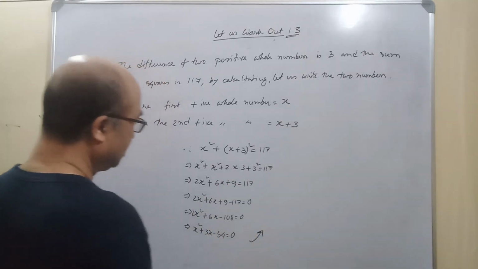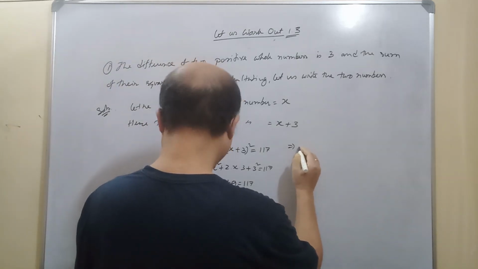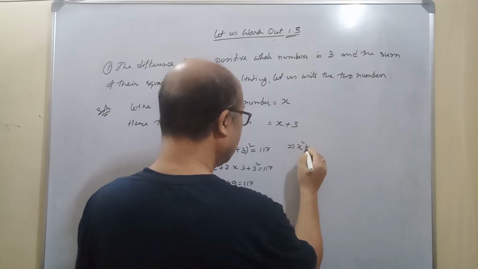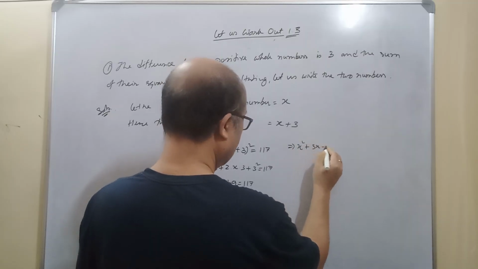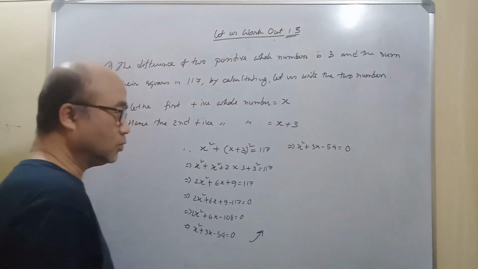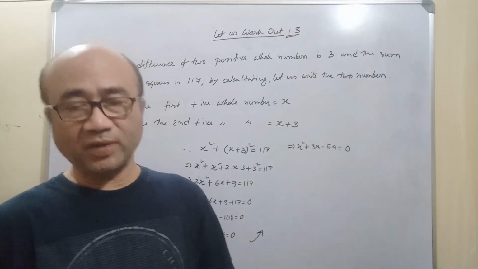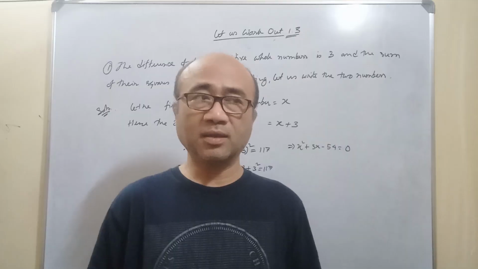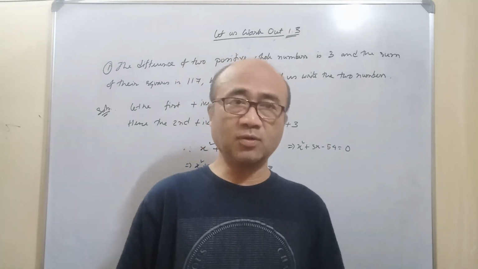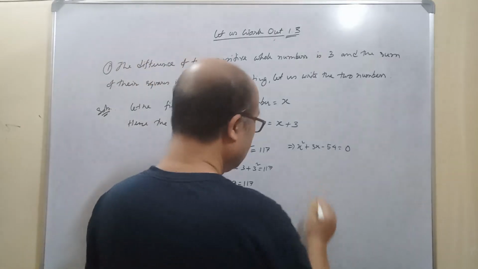So this is a quadratic equation in the standard form. We can solve it by factorization, or by completing the square method, or by quadratic formula. You can use any of these methods.